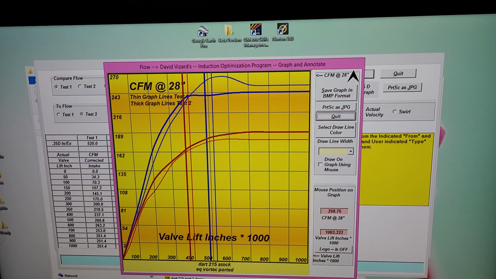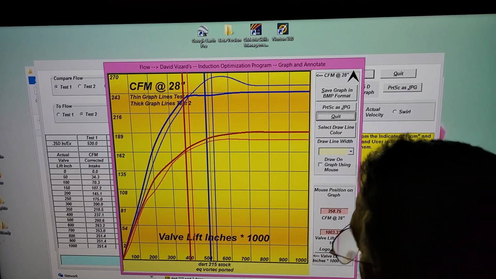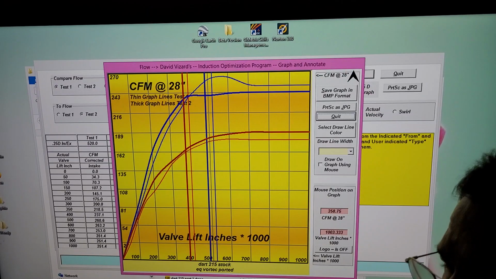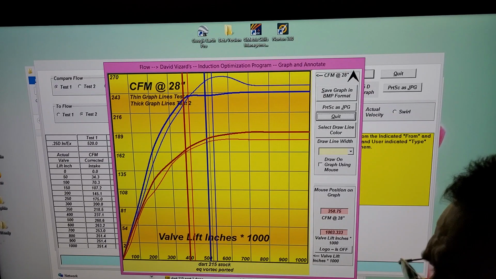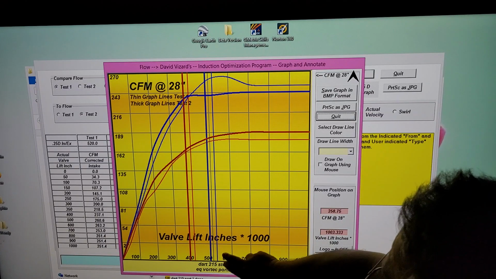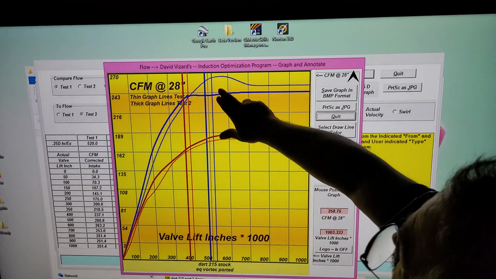The thin lines are the 215s. Okay? And the thick lines are the ported Vortec. Now, what I'd like you guys to pay attention to is, let's say we use a 550 lift cam, which is a decent lift cam for a street engine, right? He wants it to be a torque motor. So let's take a look at the graph, 550.